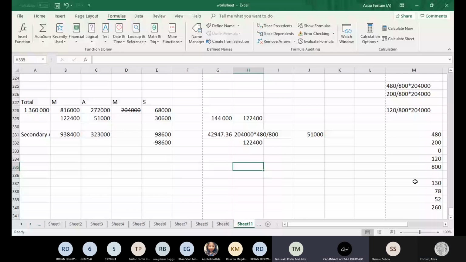Why do we add with 130? Because the production department got 78,052, which is equal to 130,000. Oh, sorry, I read wrong. That was not right. So that's the 78.